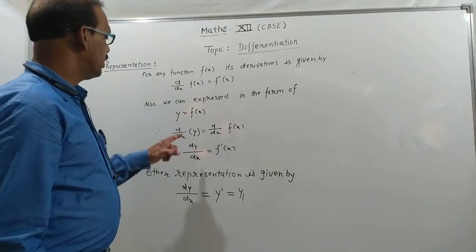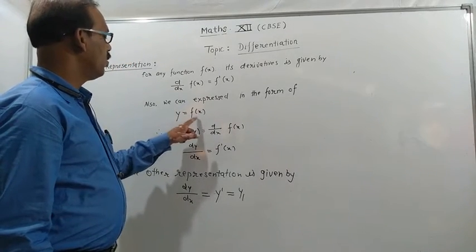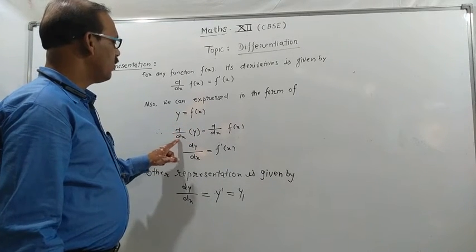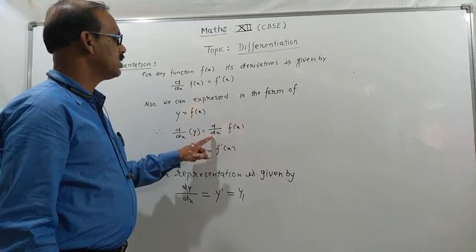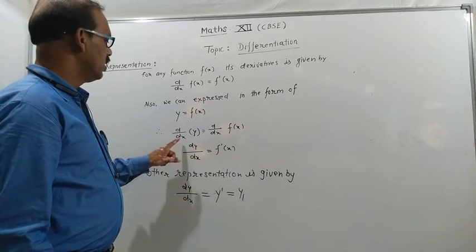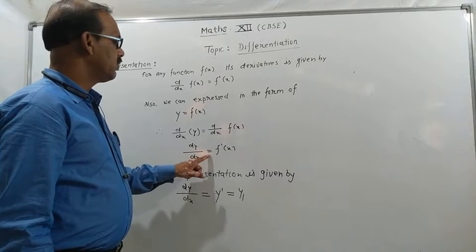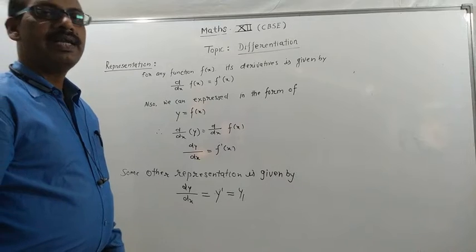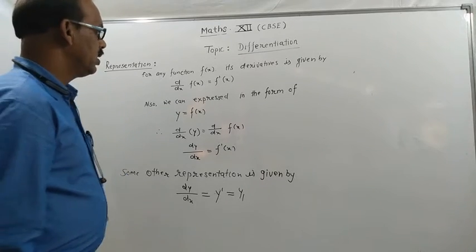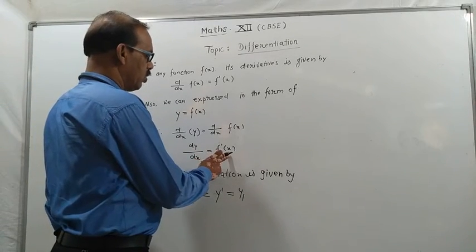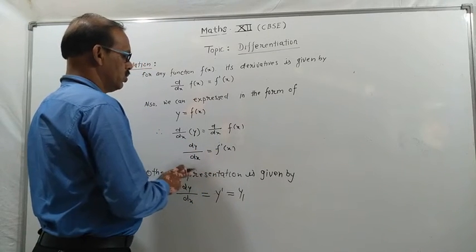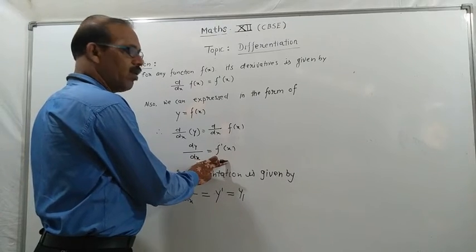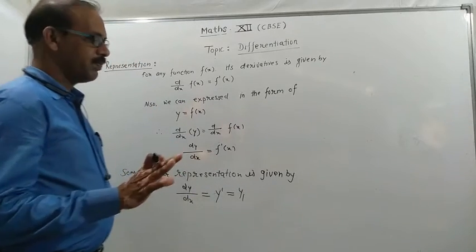If we take the derivative of both sides, left hand side as well as right hand side, so d/dx of left hand side is equal to d/dx of right hand side, gives dy/dx is equal to f dash of x. So derivative of any function, if given by f dash of x, it is also represented by dy/dx. The meaning of both is the same.